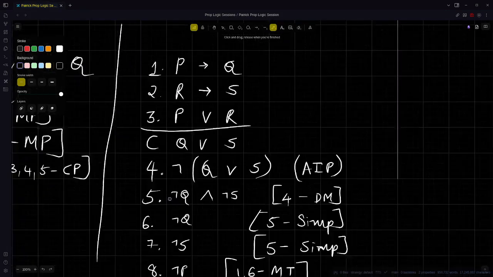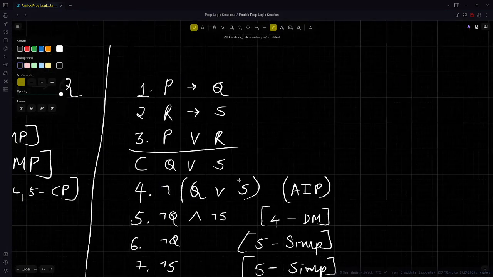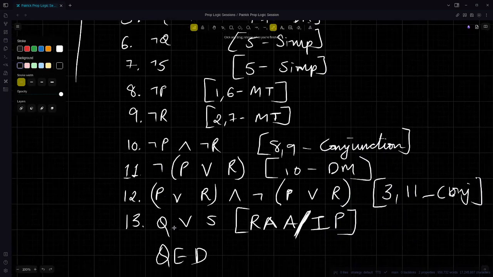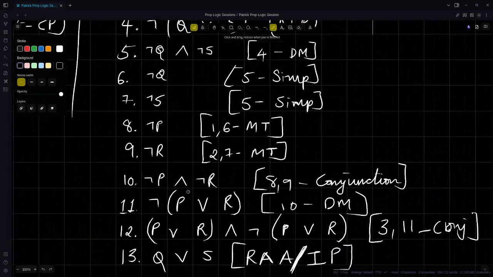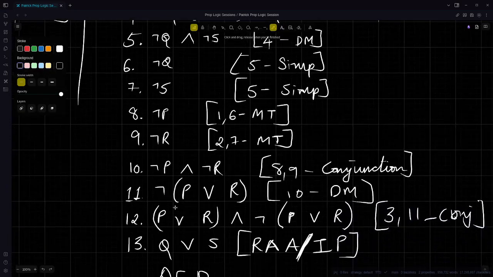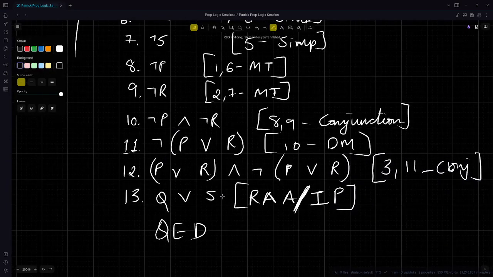So notice when we started, I honestly did not know what the contradiction would be. You asked me what the contradiction is that we are trying to arrive at, and I actually didn't know. But as we progressed, I saw something coming together. We were just applying rules of replacement and then rules of inference, and then we got something, and we just made it look like the negation of whatever was in the premise.